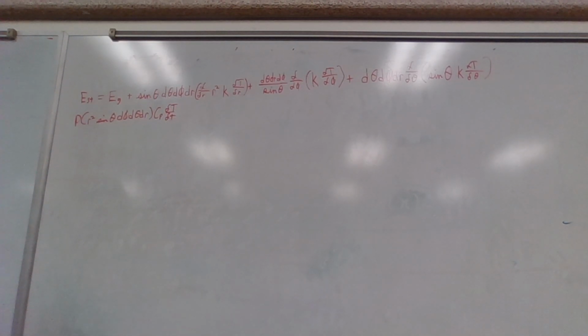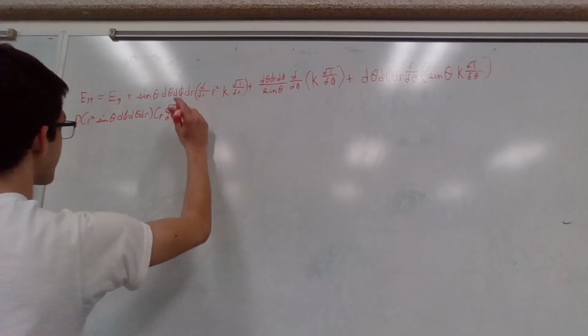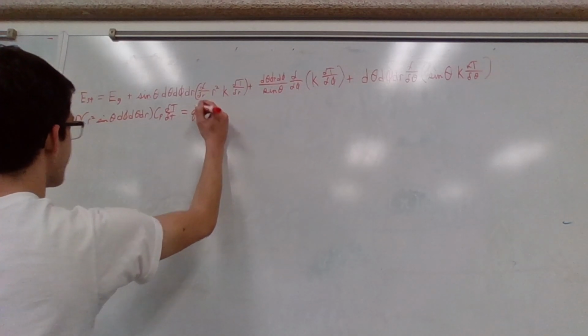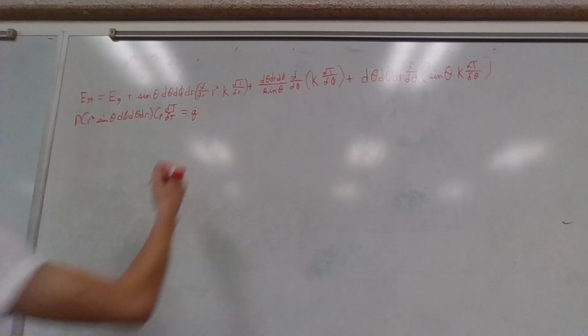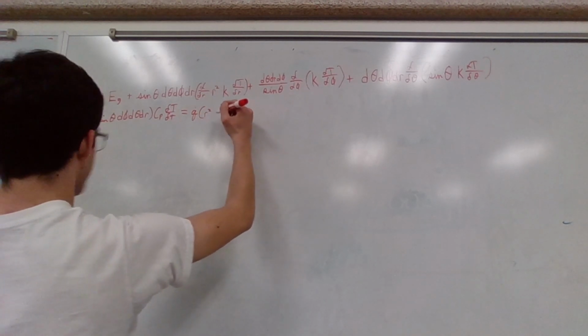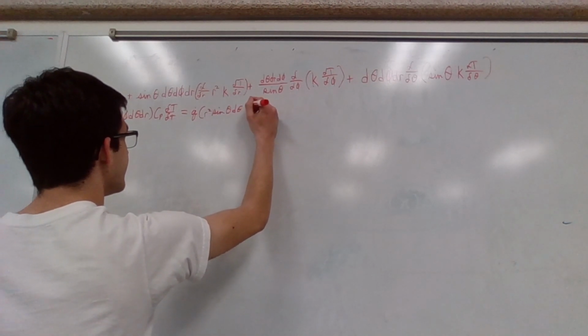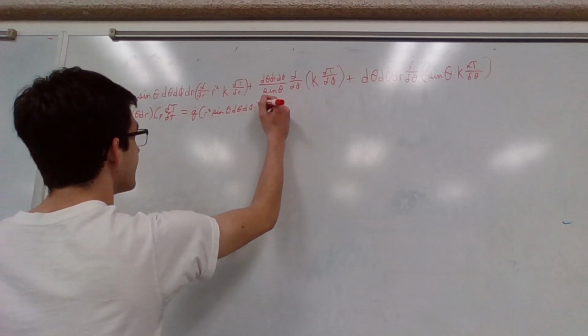All right, and that's plus our energy generation, which is some volumetric heat rate per unit volume times our unit volume, r squared sine theta d theta d phi dr.